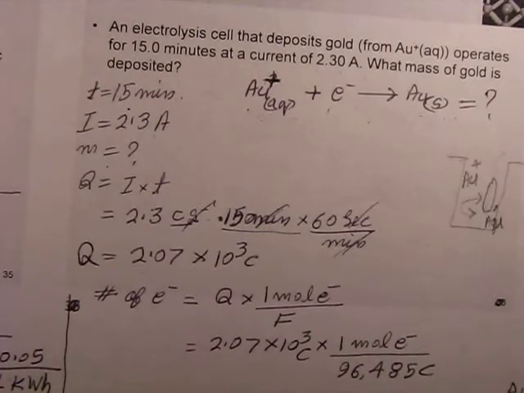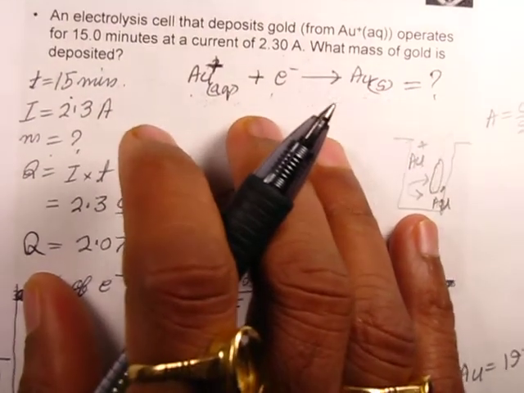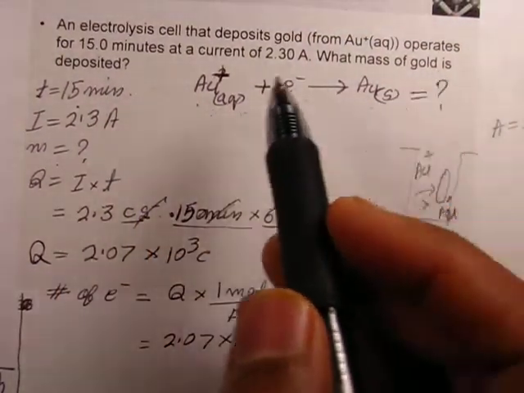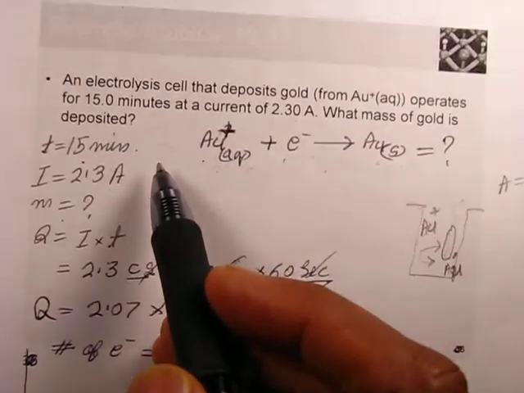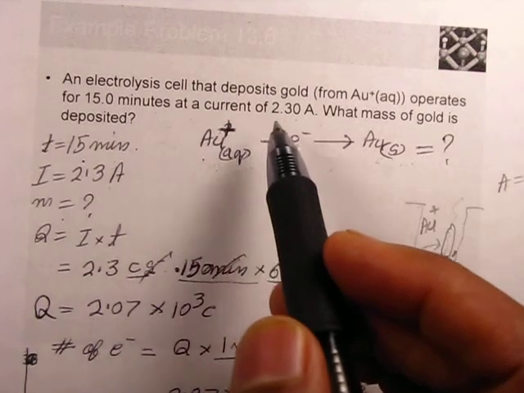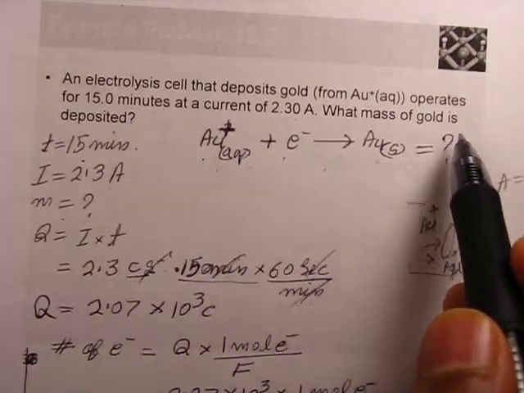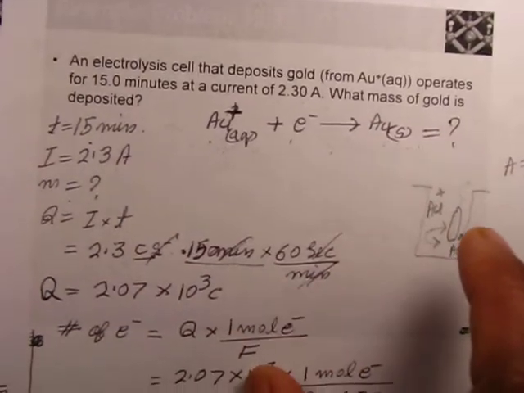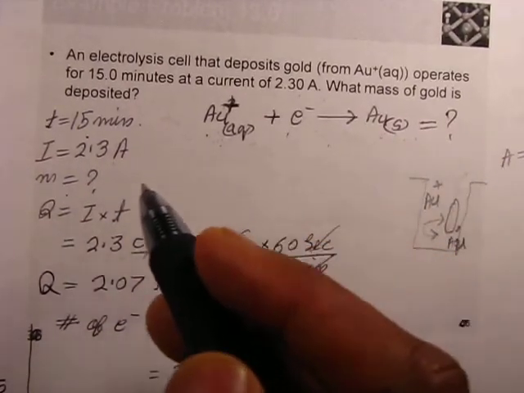This says that an electrolytic cell that deposits gold operates for 15 minutes at a current of 2.3 ampere. What mass of gold is deposited? This is a question which we have already done in a previous video.